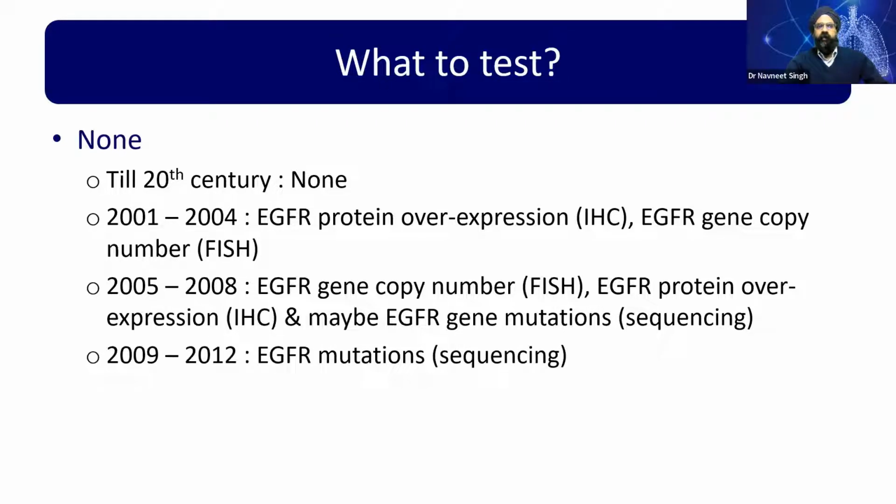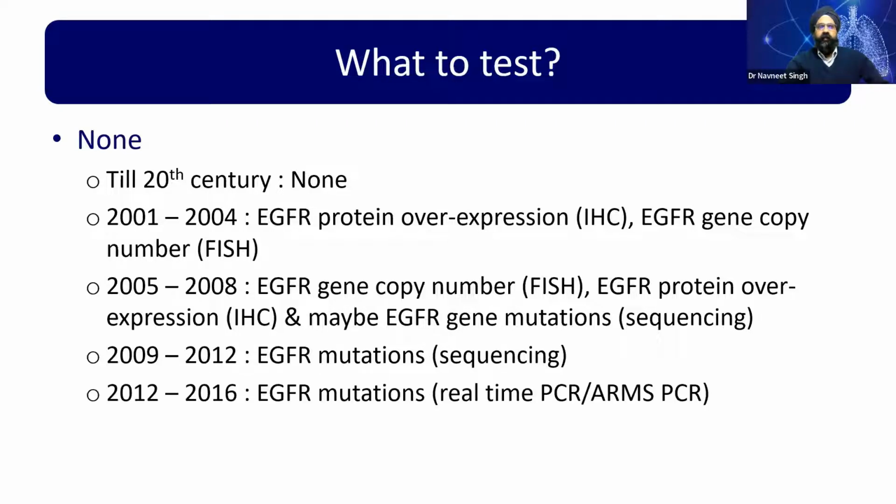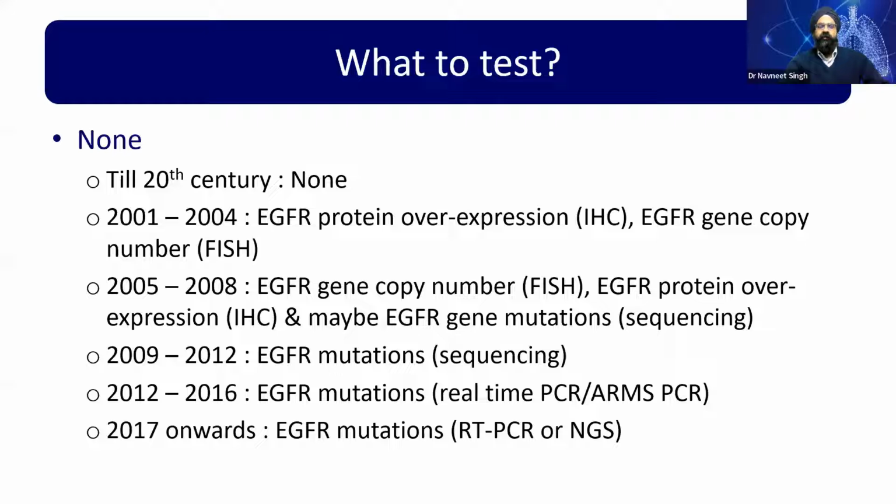By 2009, it became clear that only the EGFR mutations really mattered, and not the other two things. The method improved over the next 4 years to real-time PCR, or the ARMS PCR, and thereafter came the advent of NGS.